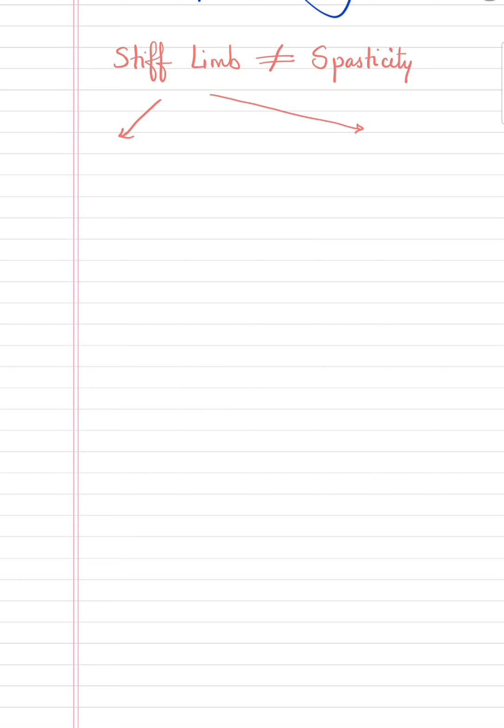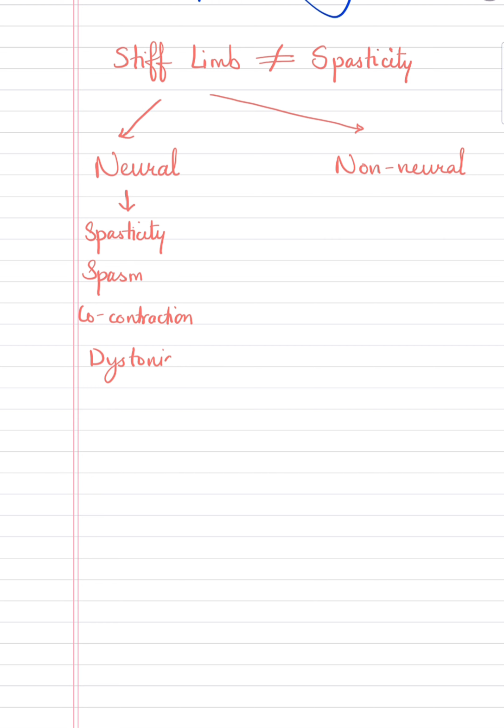There could be neural as well as non-neural factors at play. If we talk of neural factors, there could be spasticity, there could be spasms, there could be co-contractions, dystonia. Whereas if we talk of non-neural factors, there could be contractures, soft tissue stiffness, reduced range of motion, structural changes.